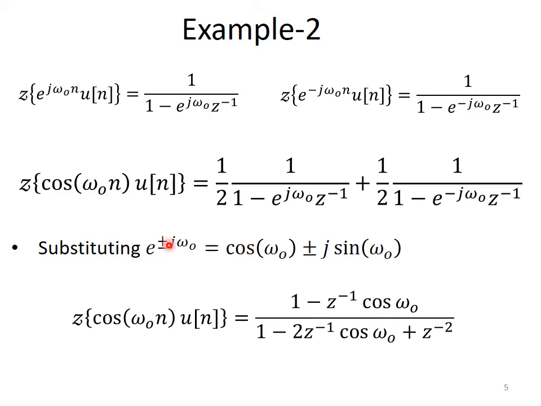Substituting the exponential in terms of trigonometric functions, we get this answer: 1 minus z power minus 1 into cos omega naught, over 1 minus 2 z power minus 1 cos omega naught plus z power minus 2. So this is the Z transform of the cosine function multiplied with the unit step function.